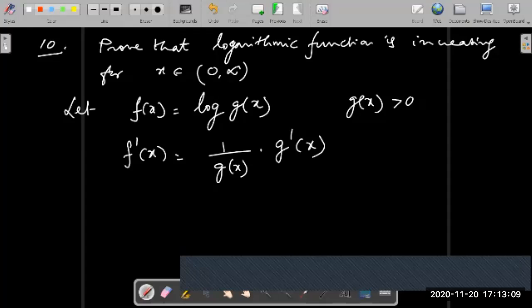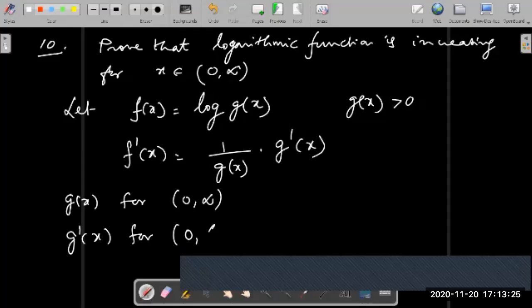So g of x is greater than 0, but we will first verify g of x for 0 to infinity, and we have to do the same thing for g dash x on the interval 0 to infinity. Then we'll know what f dash x is.